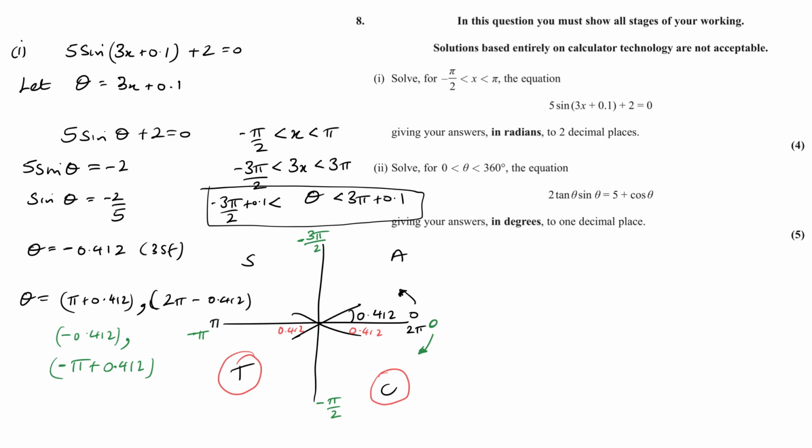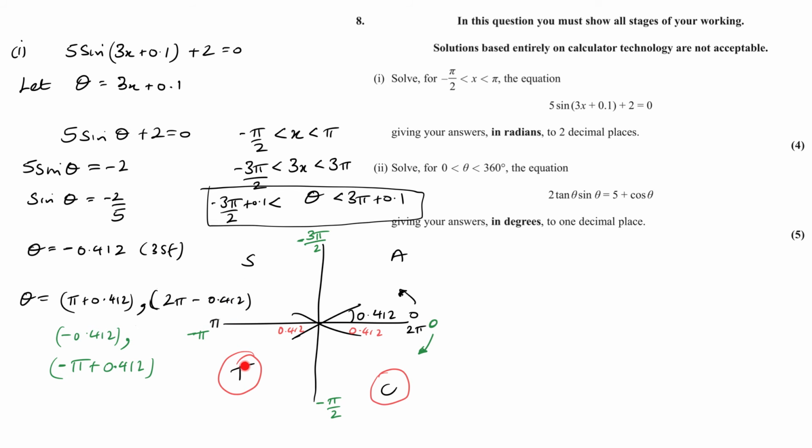Now, some of you might be asking, why is it plus? You can always check it using your calculator to help, but if I'm at minus pi here, because this direction is all negative, going into this section would be getting a larger negative value, so that's why you'd have minus pi minus something.